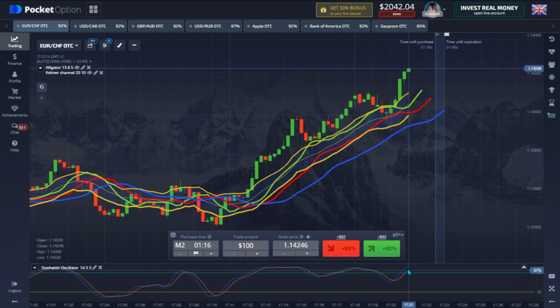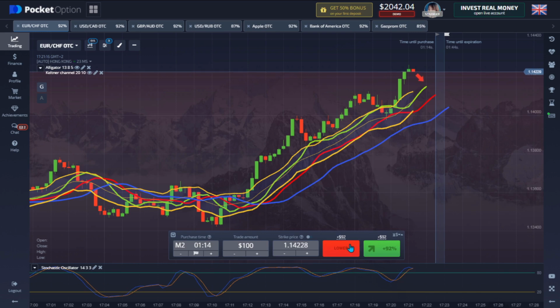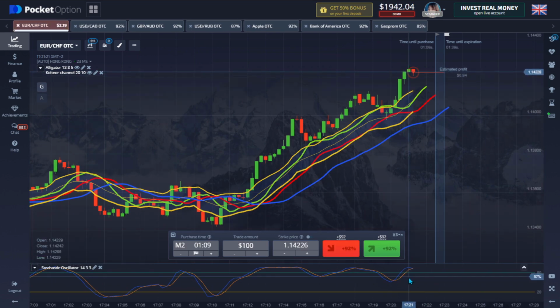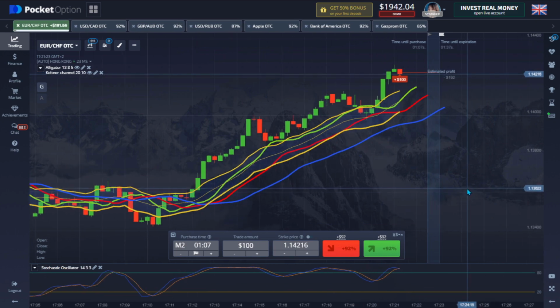So I think it almost reaches here, and let's take a sell option because it reaches here, the indicator counts.